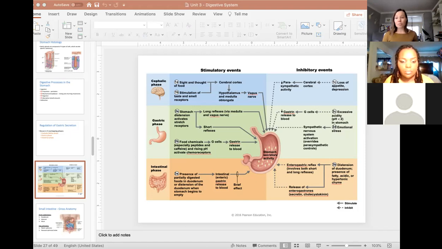Okay. The other change that happens is that there are chemoreceptors also in the stomach. So you've got those stretch receptors, and you also have chemoreceptors. And chemoreceptors monitor chemical changes. So these in particular, they monitor the pH in the stomach. And normally the stomach is very acidic because you have hydrochloric acid in your stomach. But when food enters the stomach, the pH actually changes.